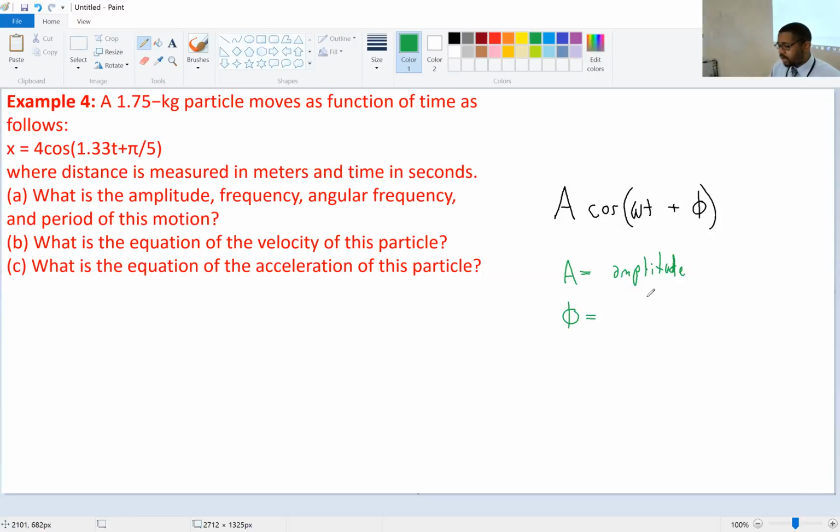Basically, whenever you add something to the input, it means that the wave reaches that point a little early. So that's the phase shift. It throws off things a little bit, it shifts it.